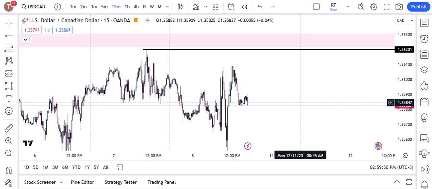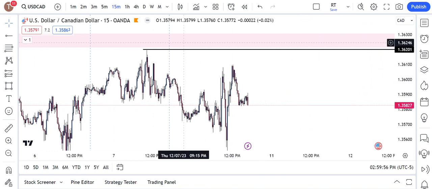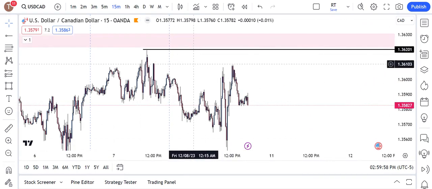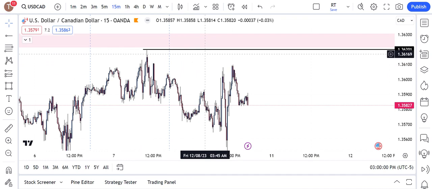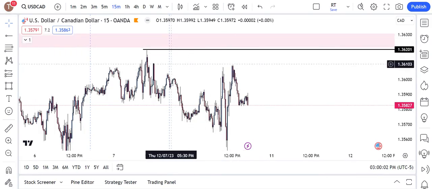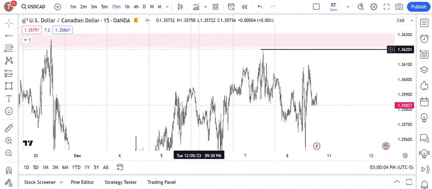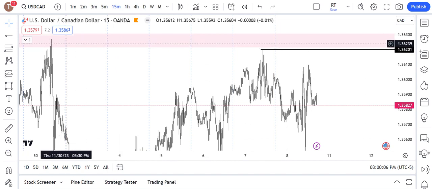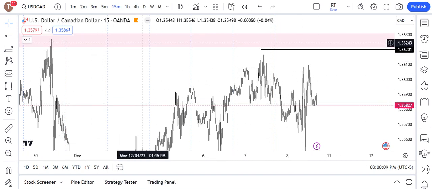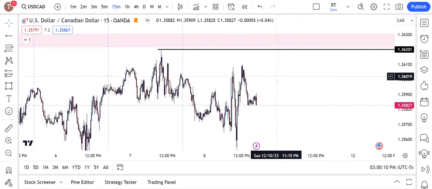Even though I want price to overall come down, I have to be conscious of the fact that there's liquidity resting up here that is the equivalent of putting gas in a car for it to go. Price has to come back up here to get whatever is resting above its current price action to actually fuel it to come down.